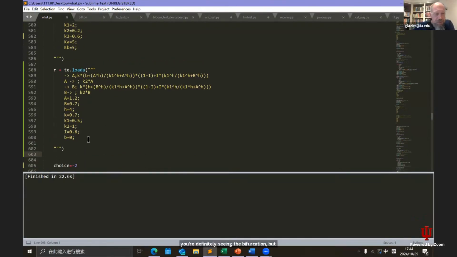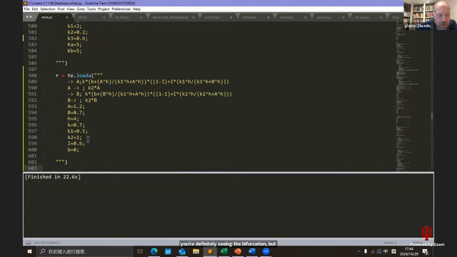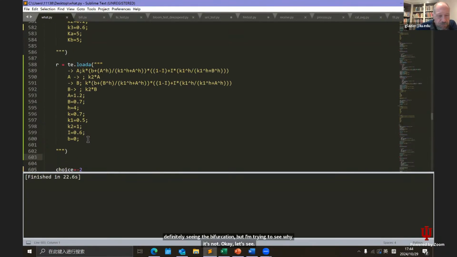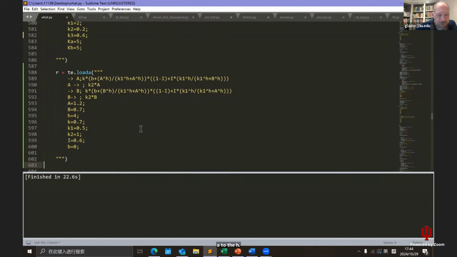Okay, let's see. A to the H. Oh, I see it. Look in line 591. Look in the denominator of the second term of that term.